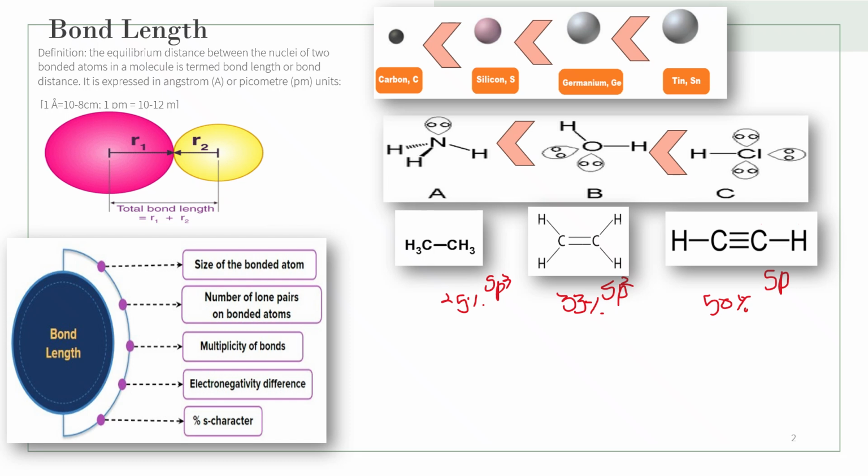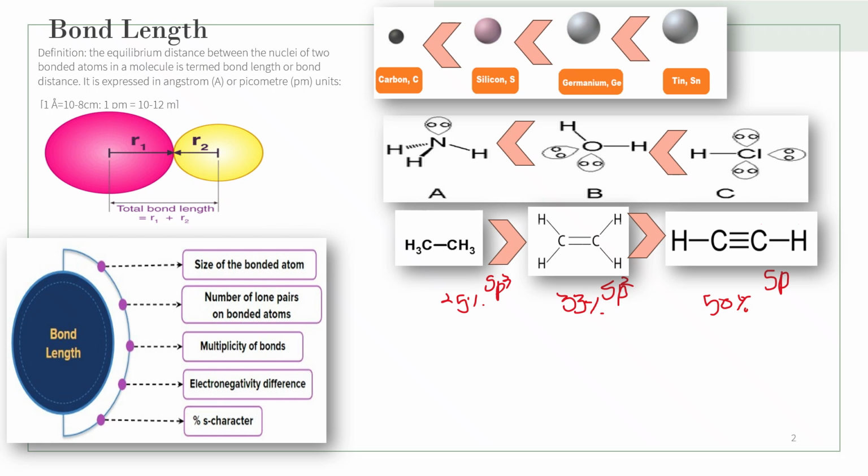These three factors are inversely proportional to bond length. If these three things increase, the bond length decreases. So if the percentage of S character increases, bond length decreases. If the multiplicity increases, bond length decreases. If the electron density increases, bond length decreases.